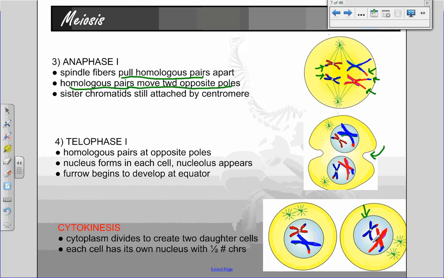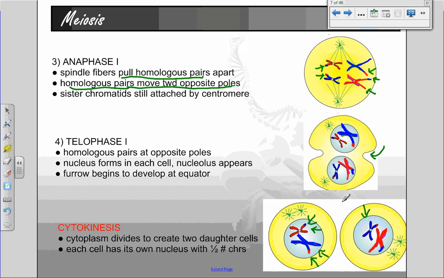Really, you wouldn't see these, but I'm showing them just so you can see that they have all four different versions, and we can have a random assortment of mother-father copies.